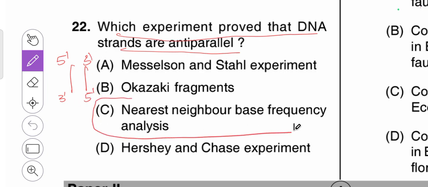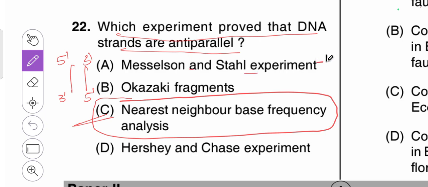That is C, nearest neighbor base frequency analysis, whereas the Meselson and Stahl experiment is where they grew E. coli in a medium of NH4Cl with 15N nitrogen.